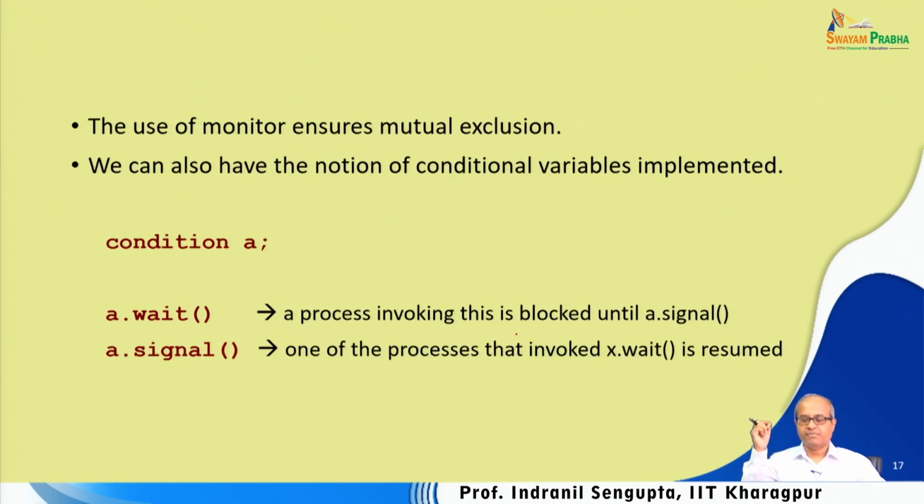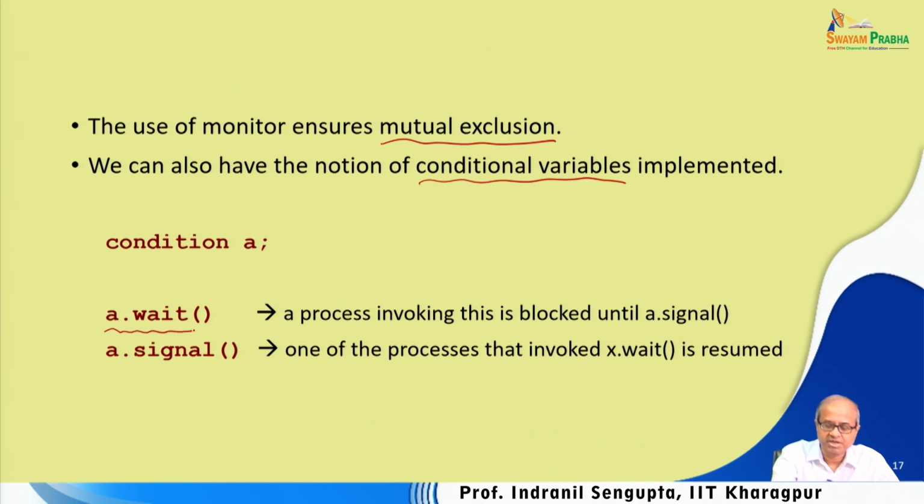Now, a few other things are there. Of course, monitor ensures mutual exclusion with respect to the processes which are calling the procedures. But there are also some conditional variables that you can define with respect to a monitor, called condition, and with respect to a conditional variable you can invoke a function wait or a function signal, similar to a semaphore wait and signal.